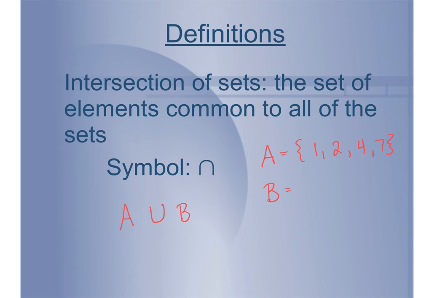And then if I were to take B, which is 1, 3, 7, and 8. Now I am looking for where they cross over. So I only want the elements that are in common to both, all right? I'm not going to list any other element except where they have in common. So the intersection here would only be what numbers? 1 and 7. And that is intersection.